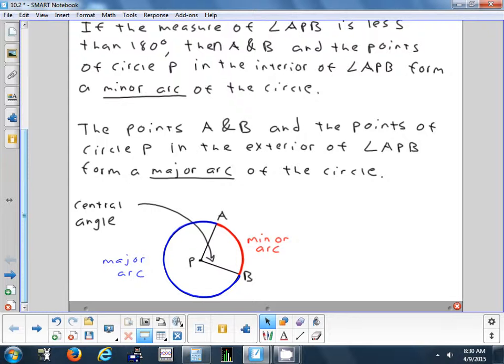Like that. So angle APB, there's your angle. Between A and B, going the short way, that's a minor arc. Between A and B, the long way, that's a major arc. And there's a relationship between the size of this arc and the size of this angle, which we're going to learn about in a second.